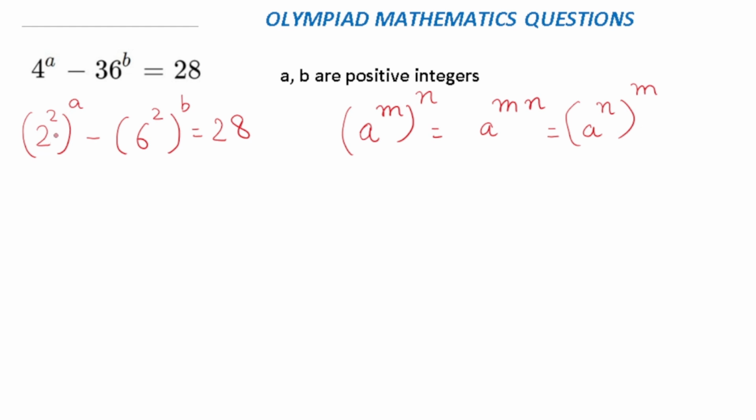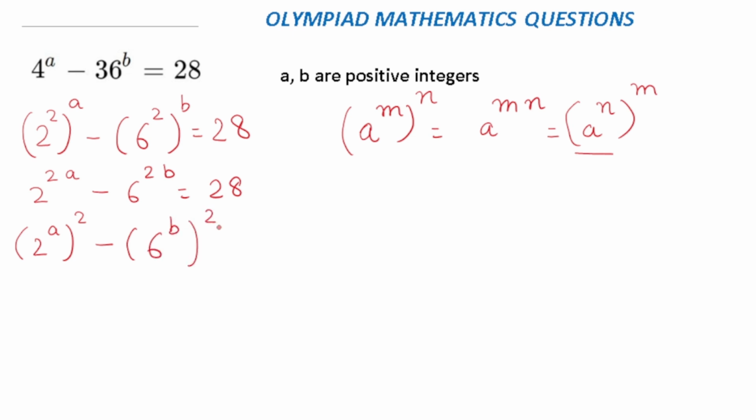Now using the exponential rules, this can be written as 2 raised to power 2a minus 6 raised to power 2b equals 28. Now again, using this, we can write 2 raised to power a raised to the power 2 minus 6 raised to power b raised to power 2 equals 28.